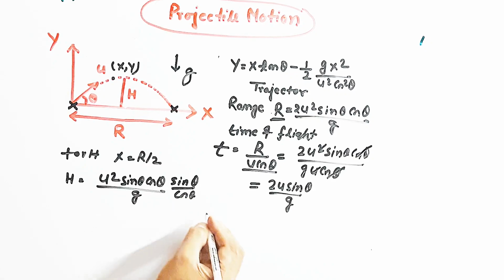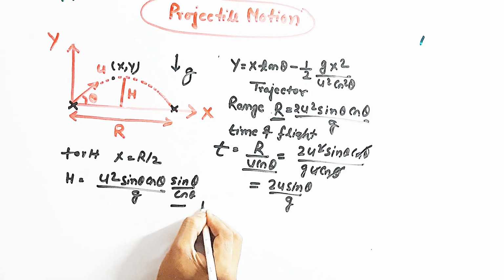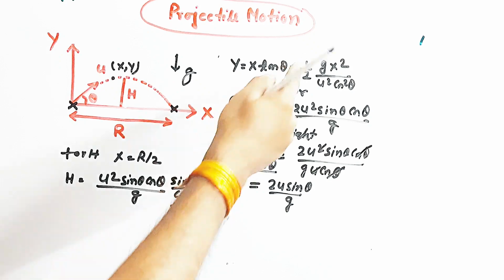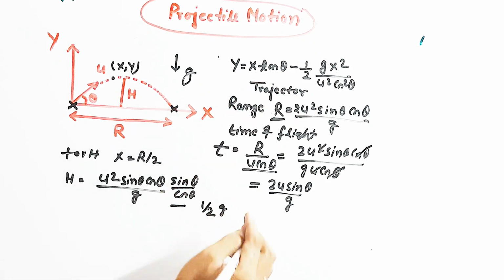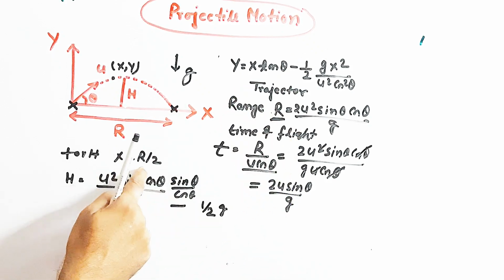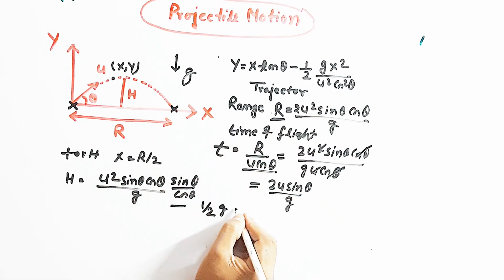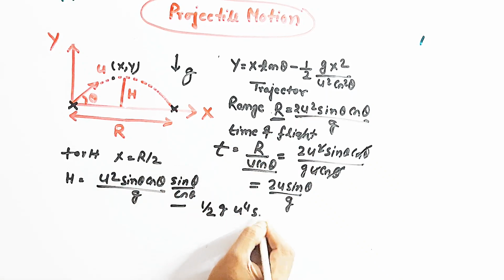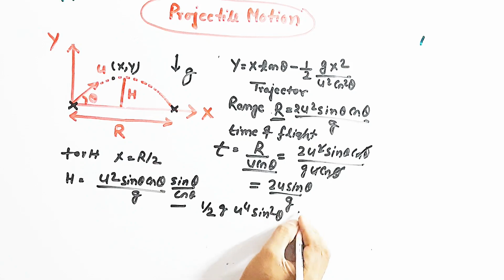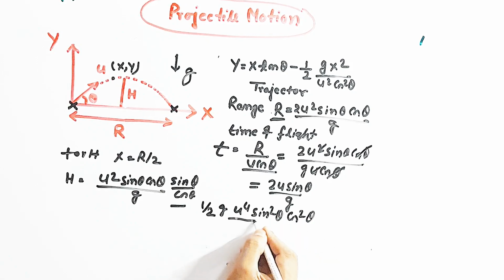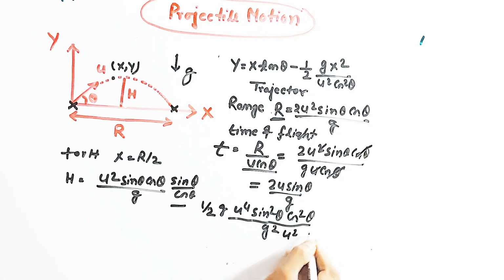This is the first term. The second term is half g, and x square means R by 2 the whole square, which is u power 4 sin square theta cos square theta by g square, divided by u square cos square theta.